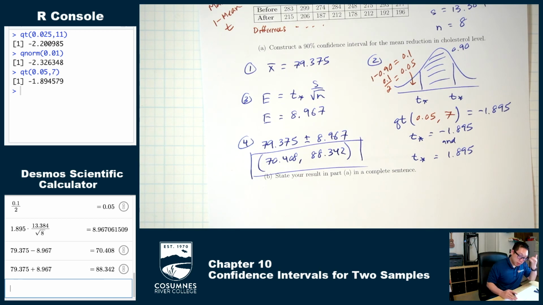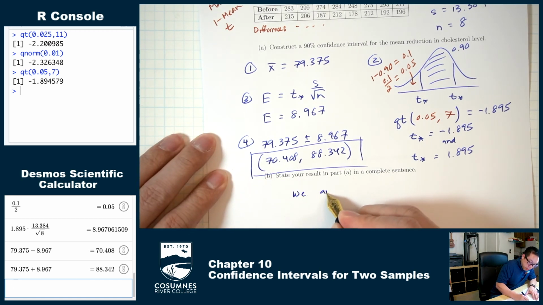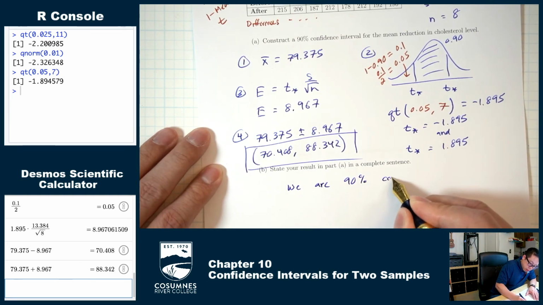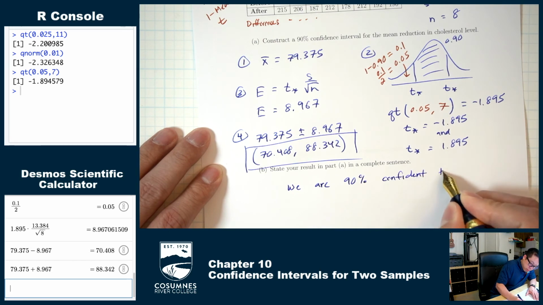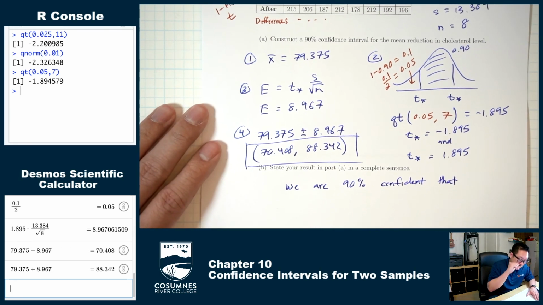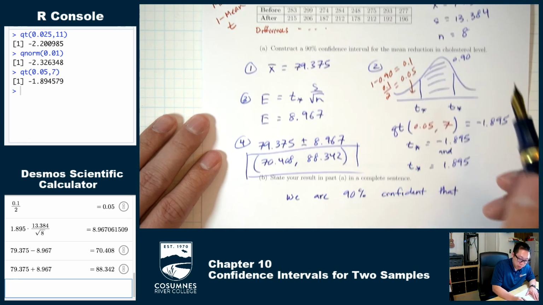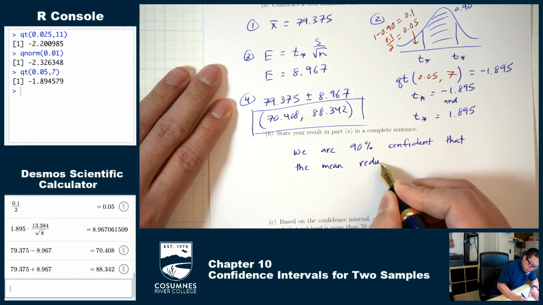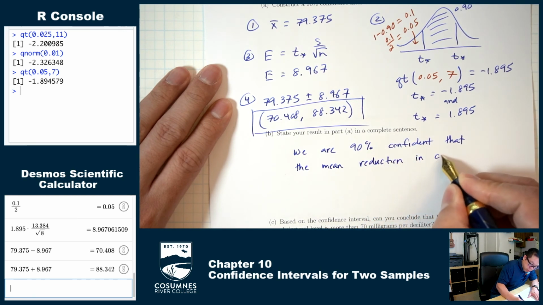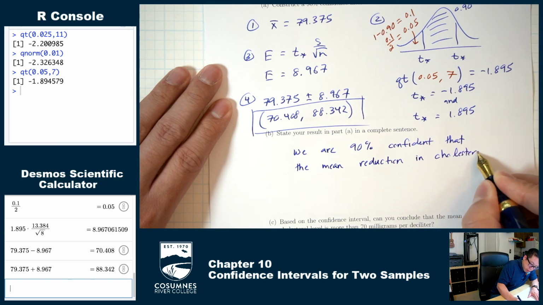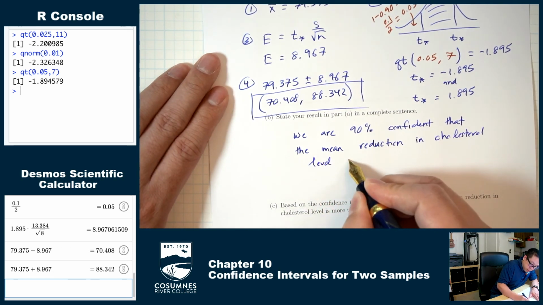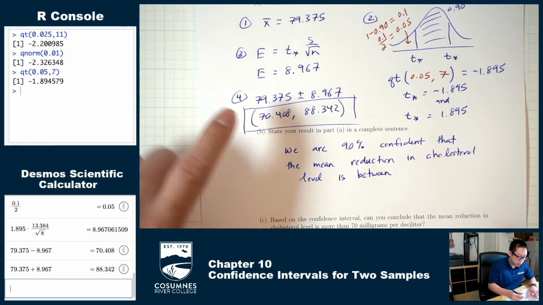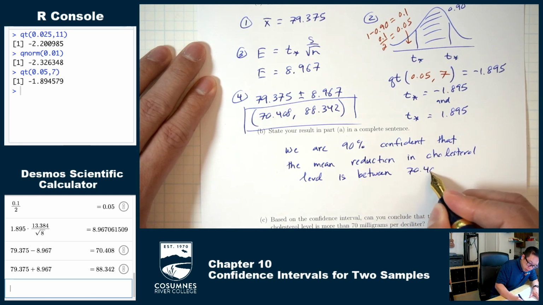Part B, writing the sentence. State your confidence level. So we are 90% confident that, what are we talking about here? The mean reduction in cholesterol level is between 70.408 and 88.342.